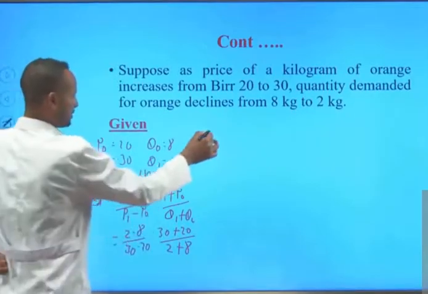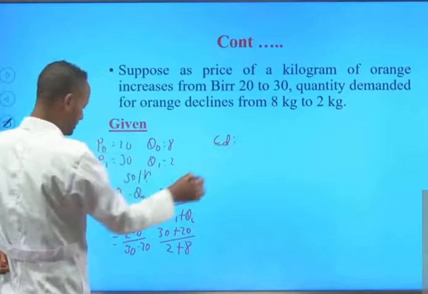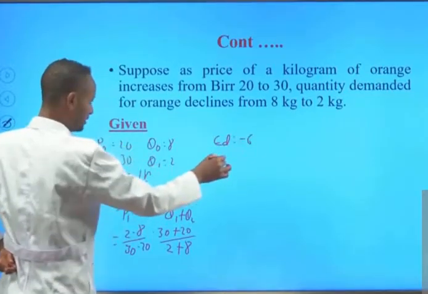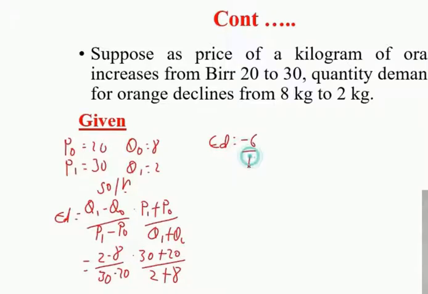So the price elasticity of demand will be 2 minus 8 is minus 6, divided by 30 minus 20 is 10, multiplied by 30 plus 20 is 50, divided by 2 plus 8 is 10. Now when we cancel 10 for 10, 50 by 5 is 10... 5 by 5 is 1, 10 by 5 is 2, and 2 by 2 is 1, we get 3, and then the price elasticity of demand equals minus 3, and when we take the absolute value, we are left with 3. This is the way of calculating the price elasticity of demand using the arc formula.